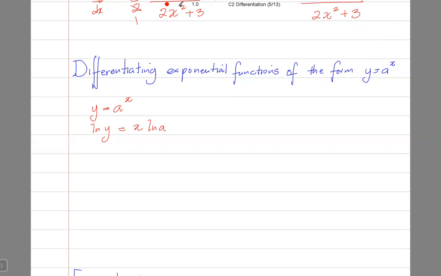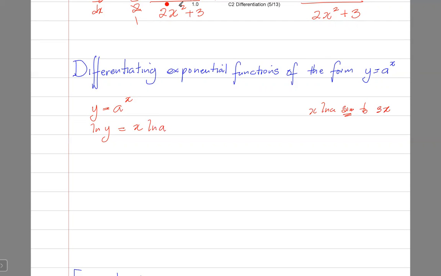Please note, ln a is a constant. Ln a is a constant. x ln a is similar to, let us say, 3x.